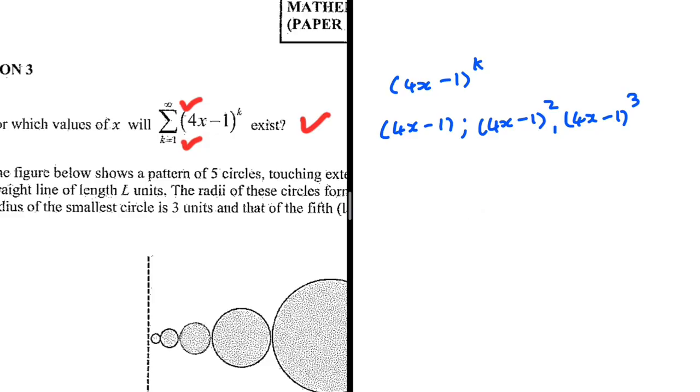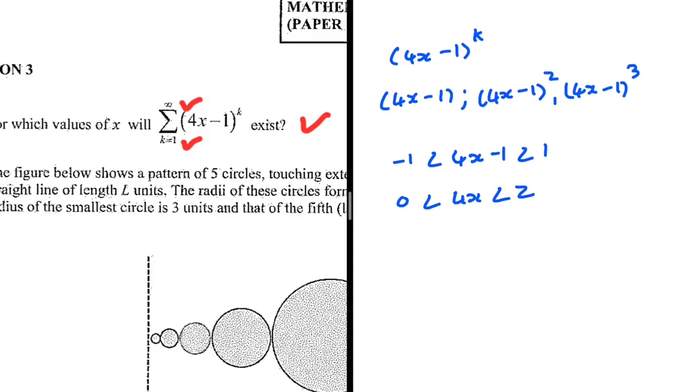And we're saying that for the sum from k is equals to 1 to infinity to exist, we need the ratio to be between minus 1 and plus 1. We add plus 1 on all sides, we get 0 less than 4x less than 2. We have just added plus 1 on all the sides. Right.